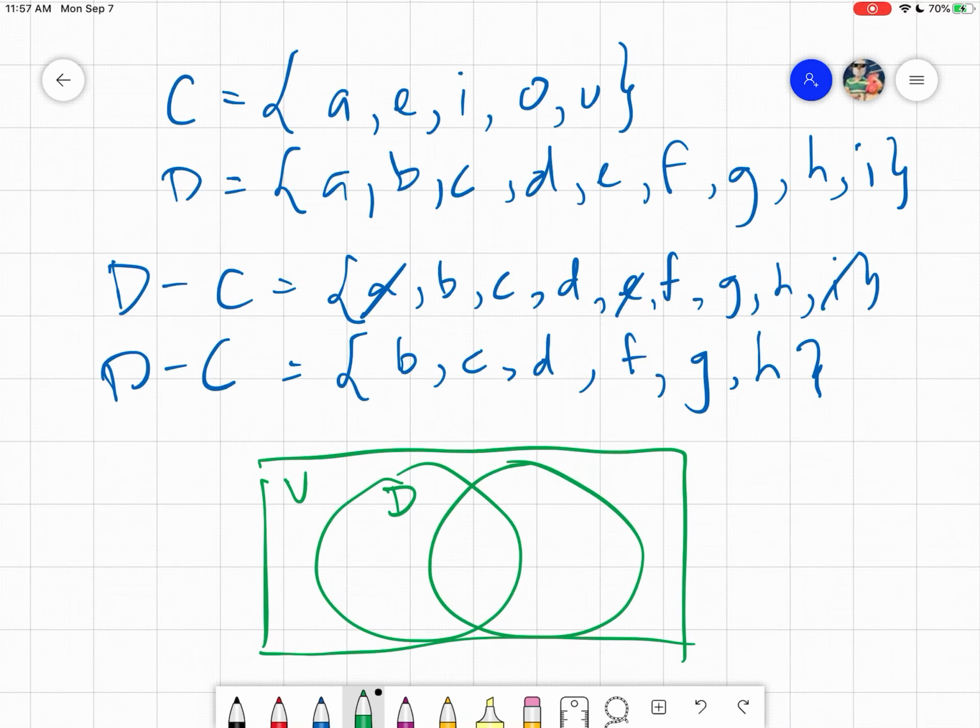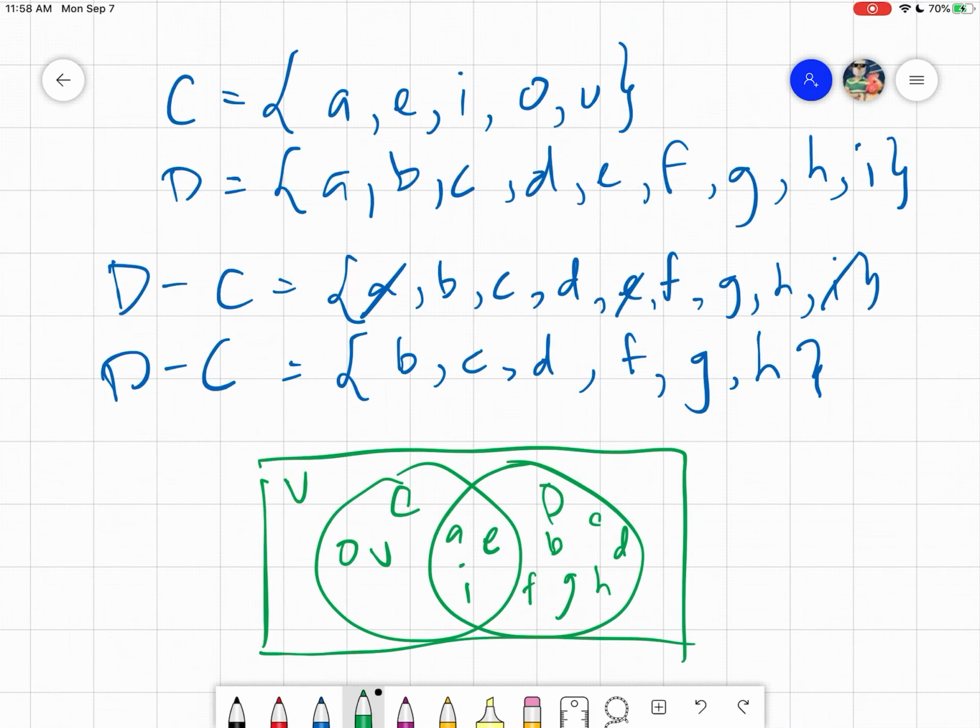This is your C and this is your D. Ang elements ni C ay A, ito yung common pala sa kanila, A, E, I, O, and U. Ang elements ni D ay just simply A, B, C, D, E, F, G, H, and I, and so on.